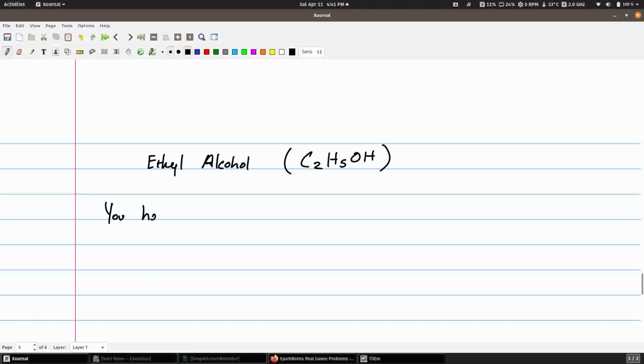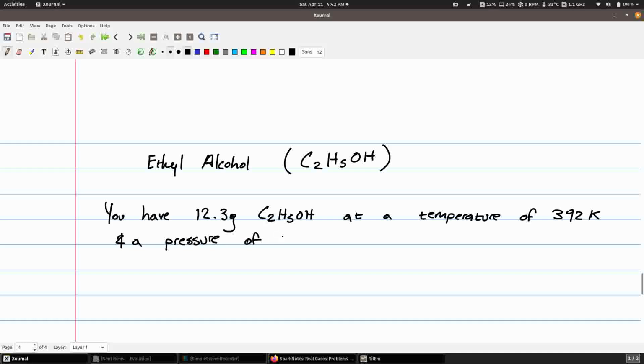You have 12.3 grams of C2H5OH at a temperature of 392 kelvins and a pressure of 795 torr. What volume does the gas occupy?